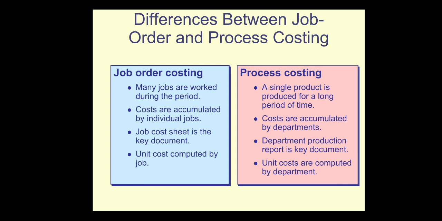Okay, see the third point there, job cost sheet is the key document. If you remember when you learned about job costing last week in topic 8, the main document that we use to record the cost for a job is called the job cost sheet.